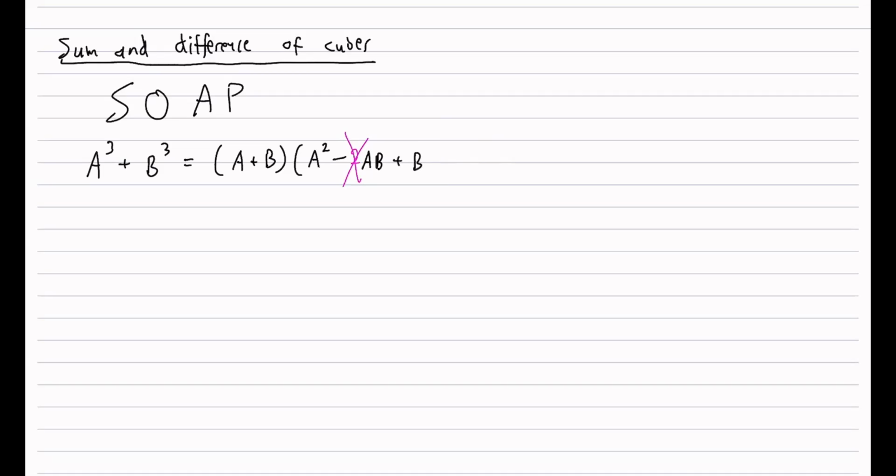Plus b square. Take note that here is always positive. Wait, let me write it down. SOAP: same, opposite, always positive. You see, it's always a plus sign.